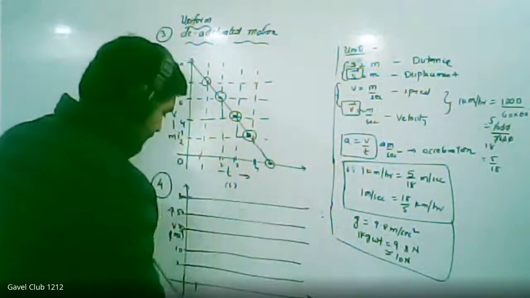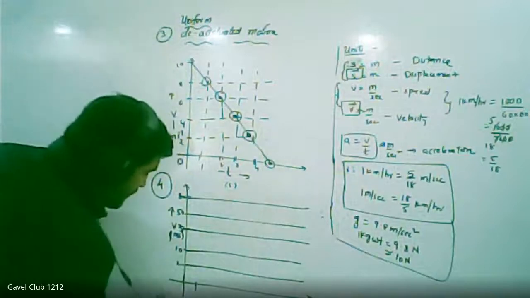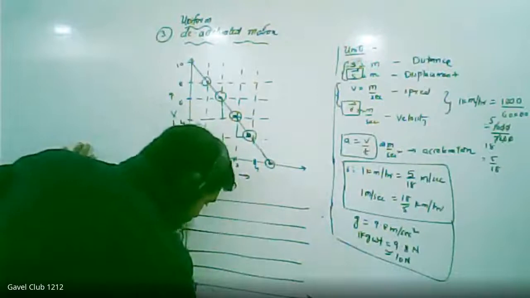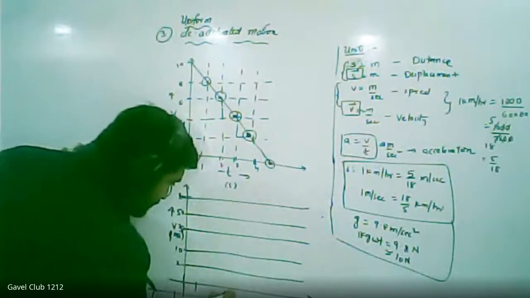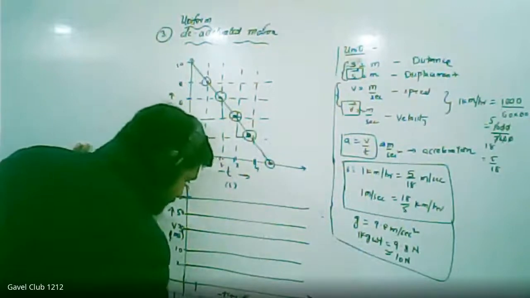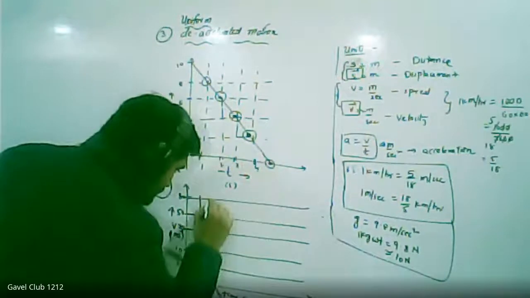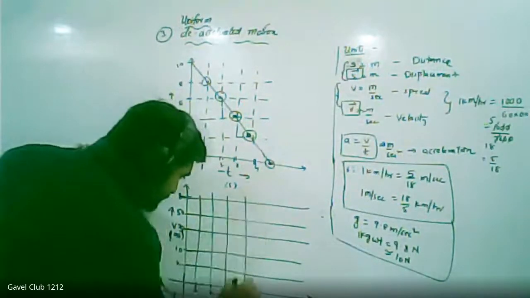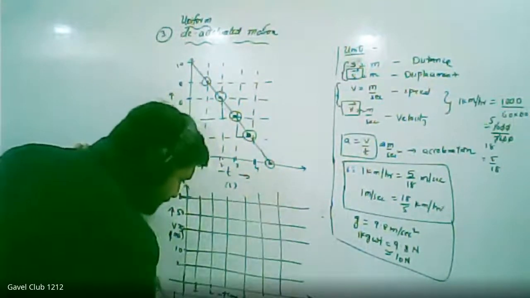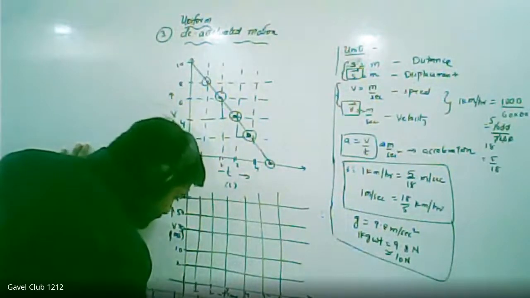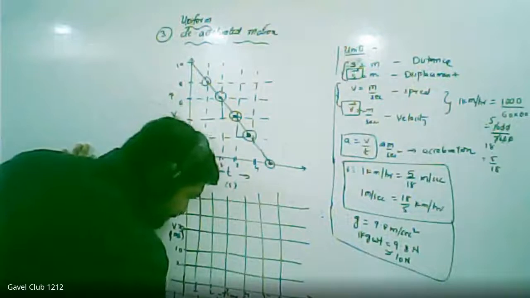Here you can see the speed changes continuously. If you take an x and y axis, let's draw the table. So here it is time we're taking on the x-axis, measured in seconds. This is 1, 2, 3, 4, 5, 6. So we draw this table like this.